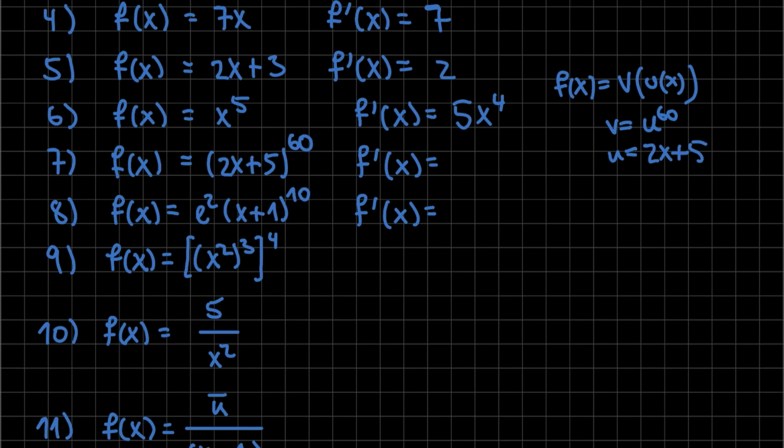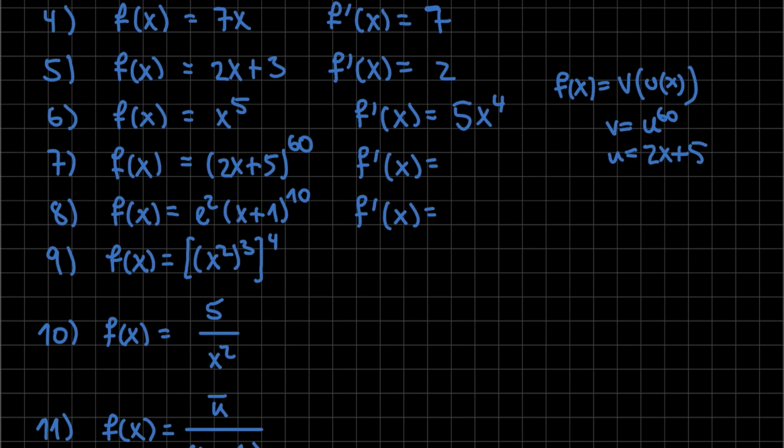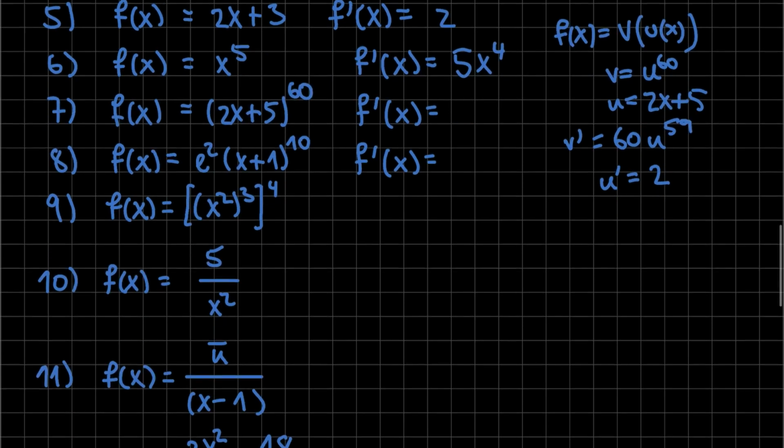Okay, so let's determine the derivatives. v dashed is 60u to the power of 59 using the power rule, and u dashed is just 2, because the derivative of a constant is 0 and the derivative of 2x is just 2.